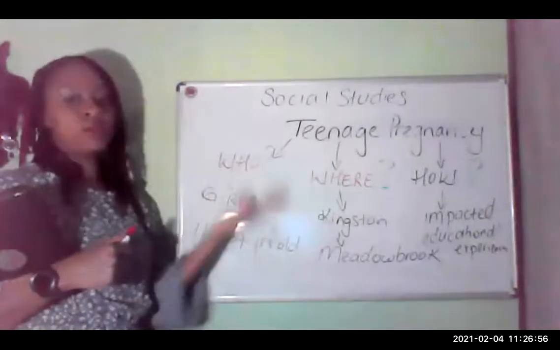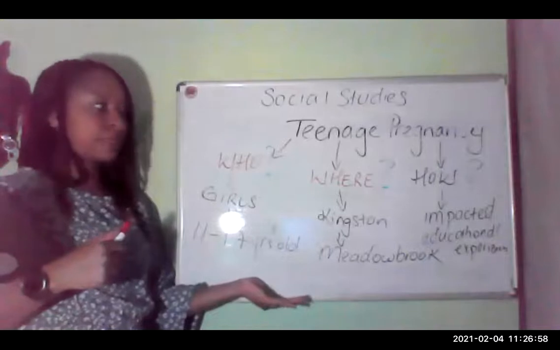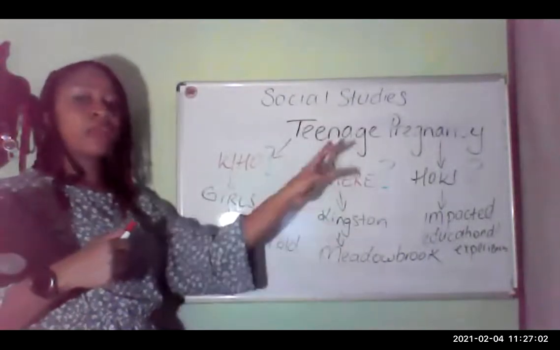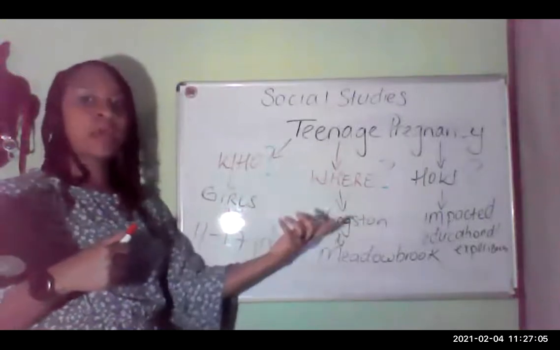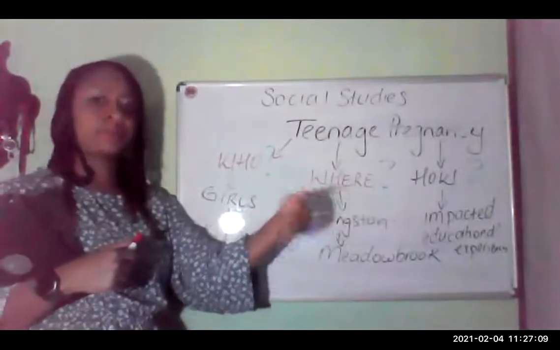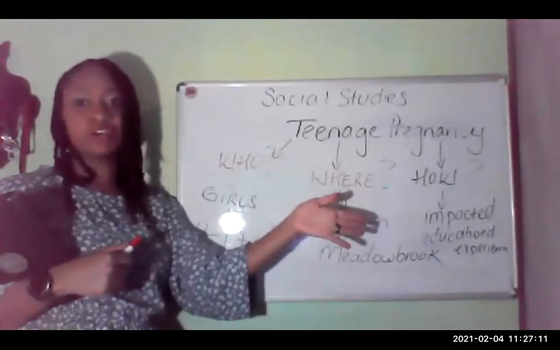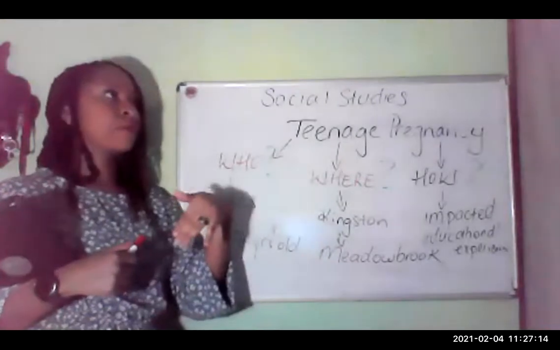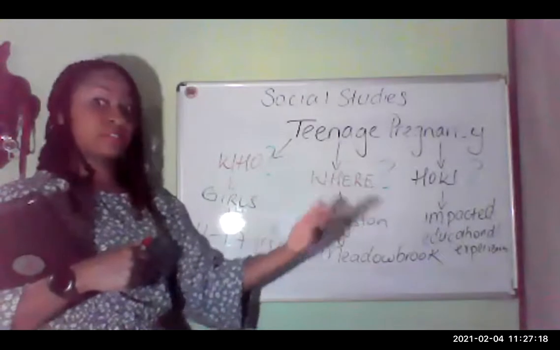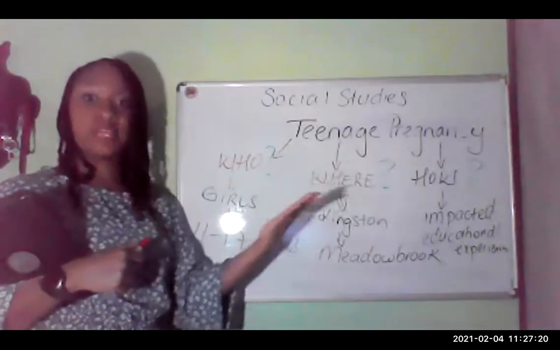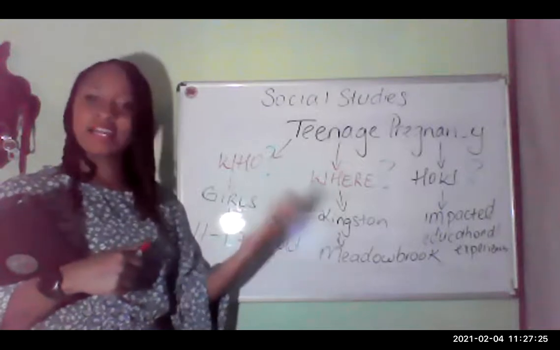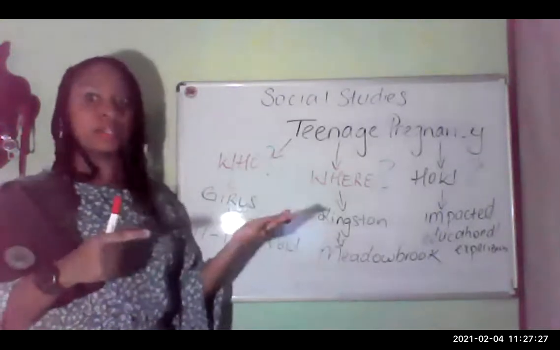So you can look at girls or boys and how they're impacted. You can look at where these boys or girls are, right? And you will look at how. So you can look at educational experience, so how they're impacted. It can be educational experience that you're focusing on. It can be the emotional strain. You can look at social stigma. How does society treat a girl who is a teenager and pregnant, or a girl that is pregnant?